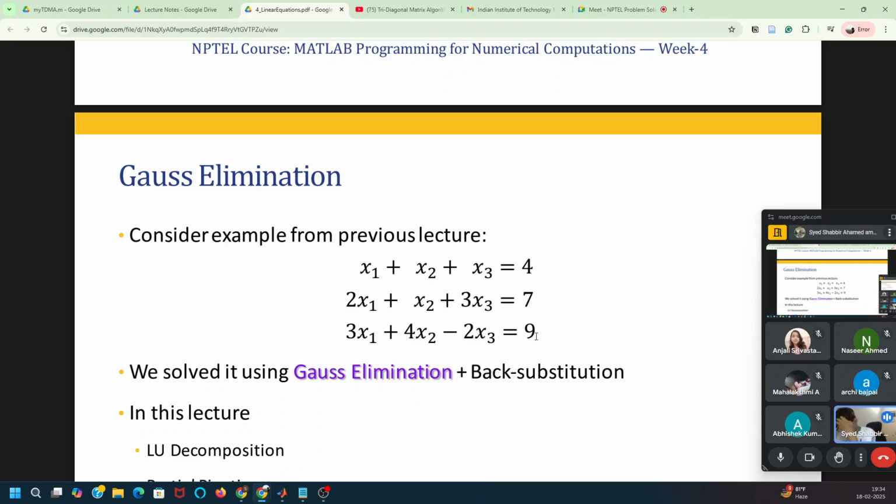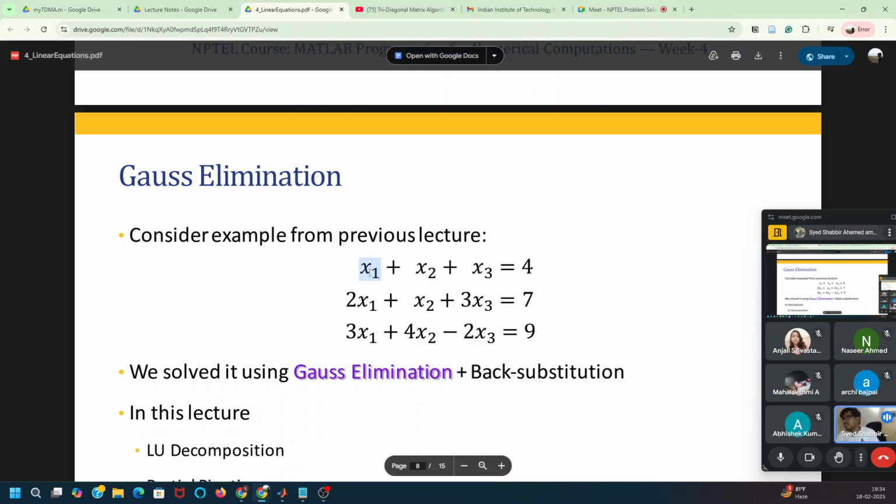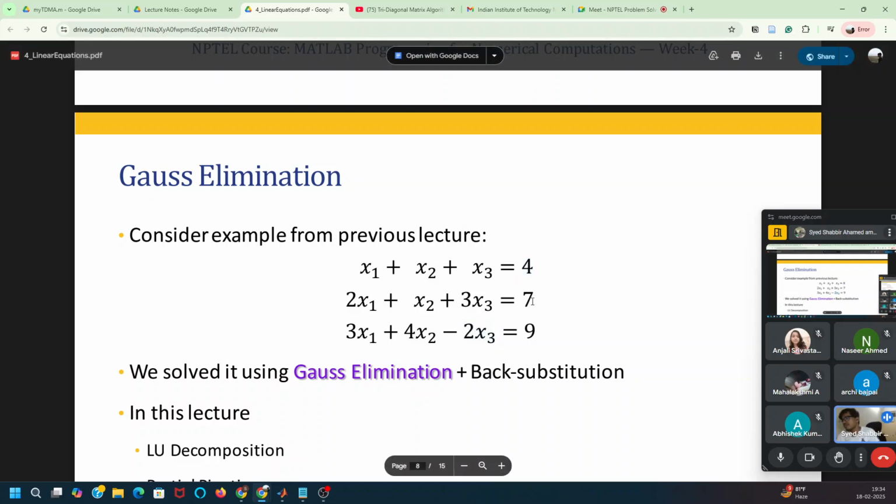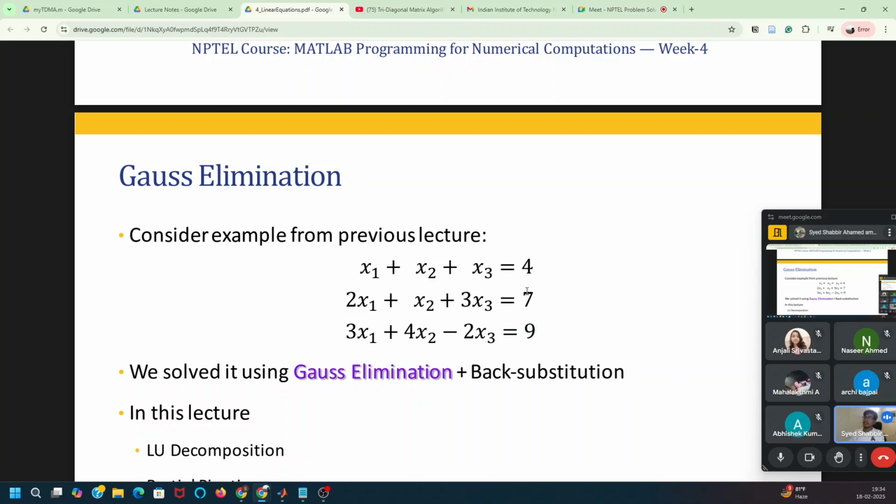All the other things, the coefficient matrix, remain the same, but the b vector changes again and again. Then it becomes efficient to do the LU decomposition and find the solution.